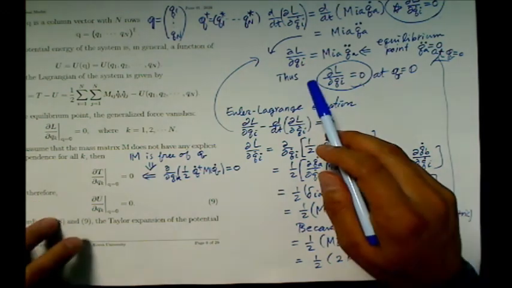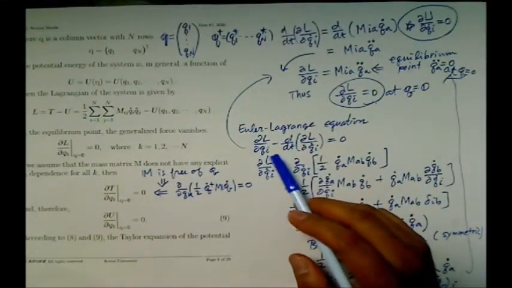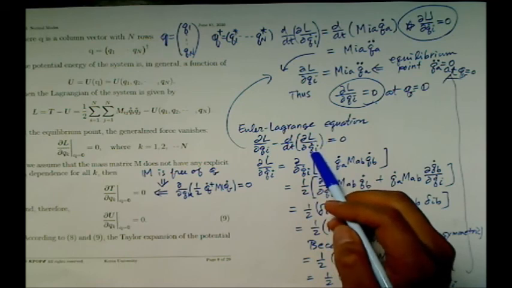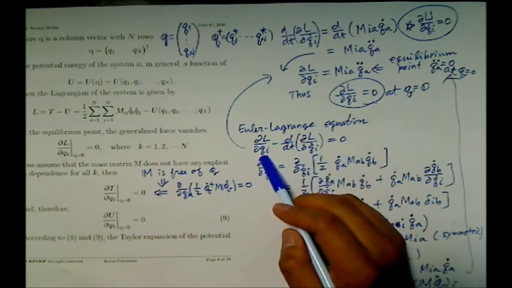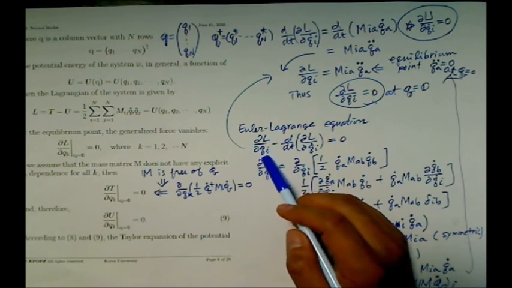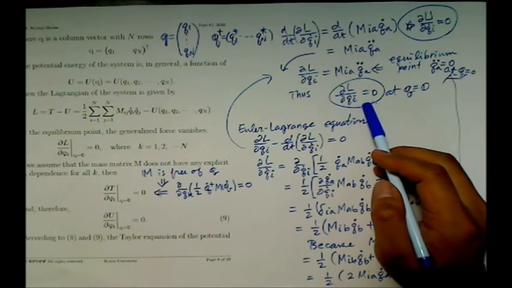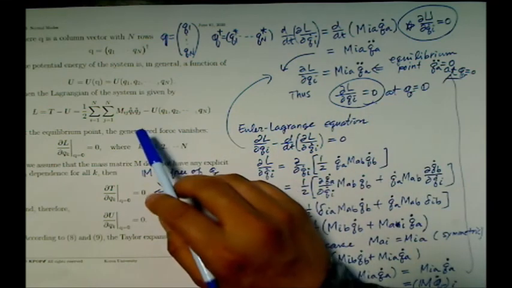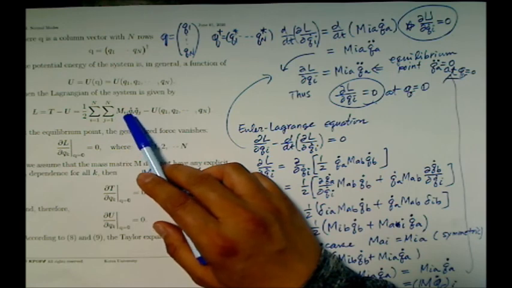So now, if we want to find the Euler-Lagrange equation, we know how to write this term. And the next one is the force. The generalized force can be obtained. This one is 0. First, we didn't consider the case where the mass matrix has a coordinate dependence.